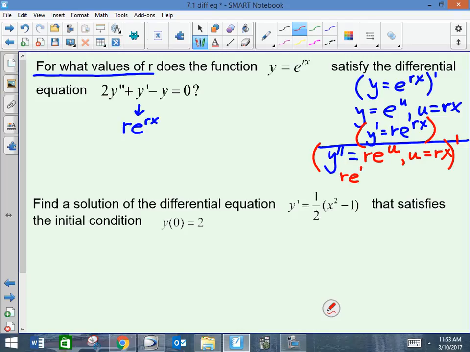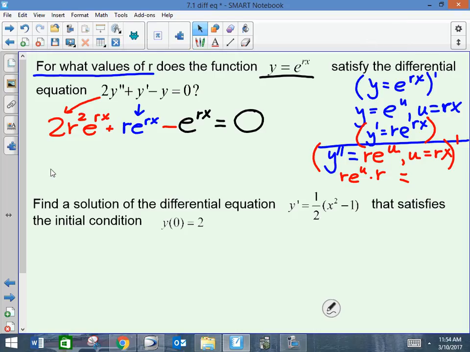E to the u again times what's the derivative of rx? Not x, right? All right, so what's that? R squared. So there's an r squared, and there's e to the rx. Minus e to the rx, because y is right here, equals 0. We're going to solve this for r.